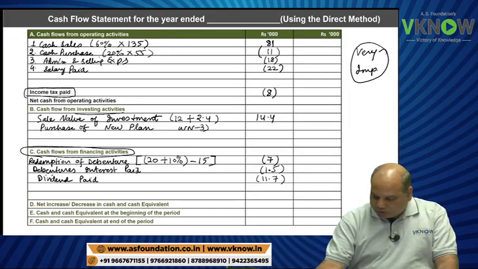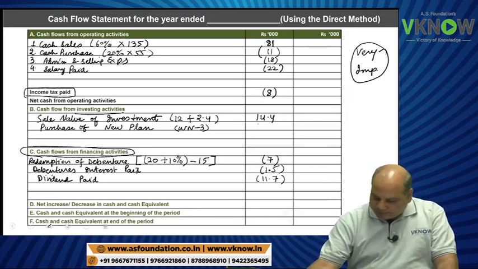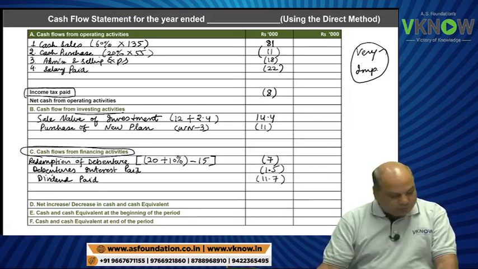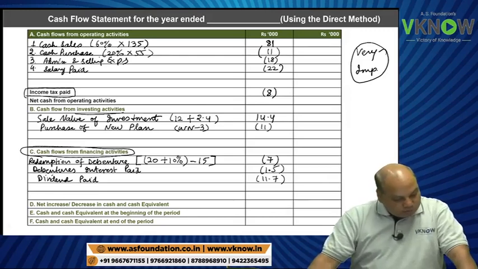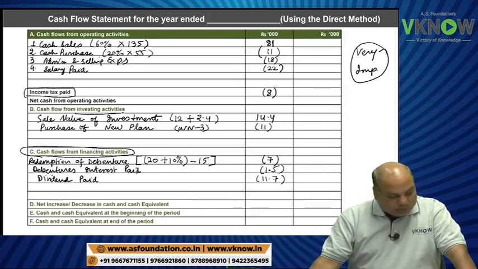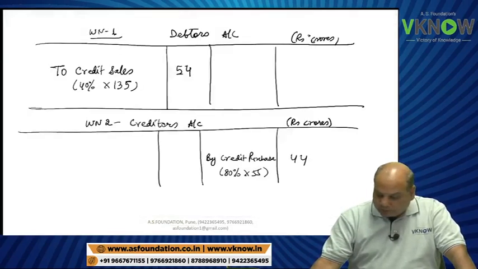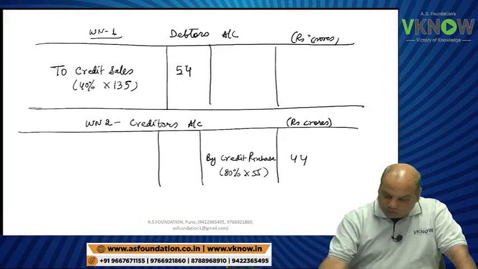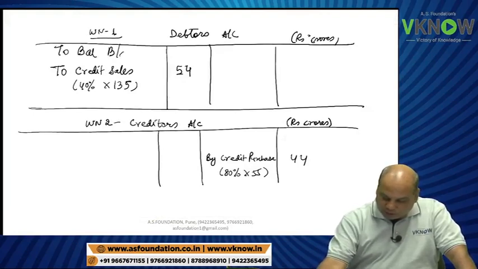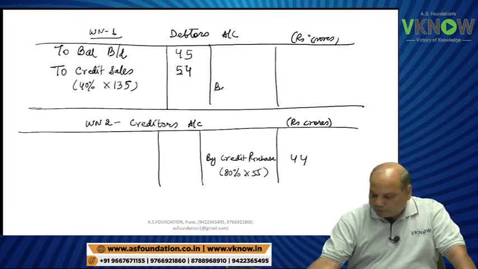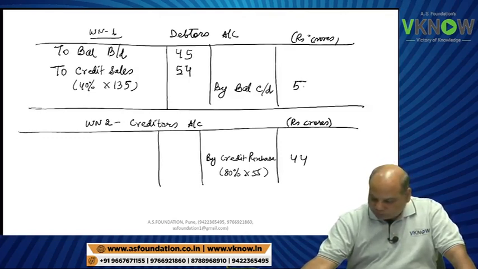Working note 3 in bracket 11 crore. Point number 9. The following balances were also provided. Debtor account: opening balance, to balance brought down, working note 1, 45, by balance carried down 50.